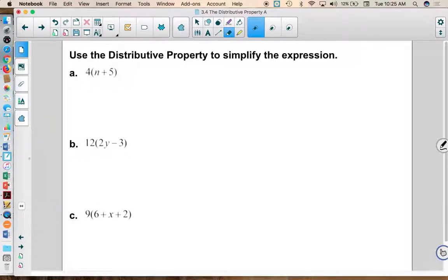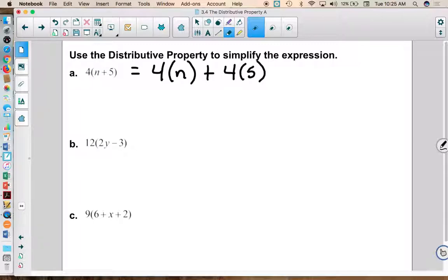Now I'm going to use the distributive property to simplify this expression. Can I get a final answer? No, because I don't have an equal statement, do I? So, if I distribute 4 parentheses n plus 5, if I break it up, I'm saying 4 times n plus 4 times 5.